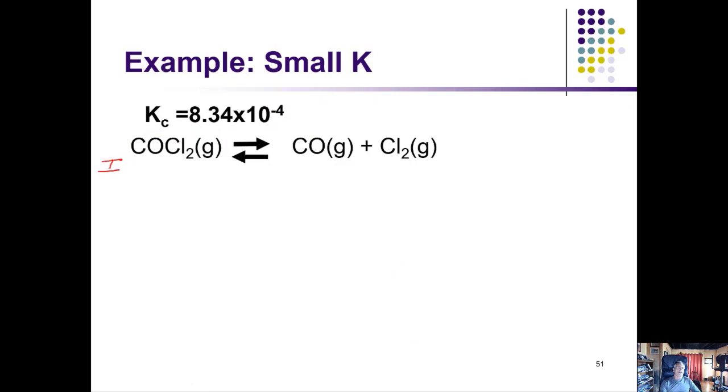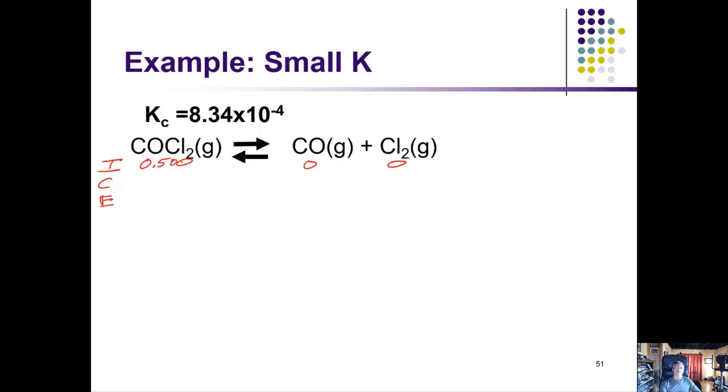We'll build our ICE table here. This concentration is 0.500. This concentration initially starts at 0. We've got an equilibrium constant of 8.34 times 10 to the minus 4.